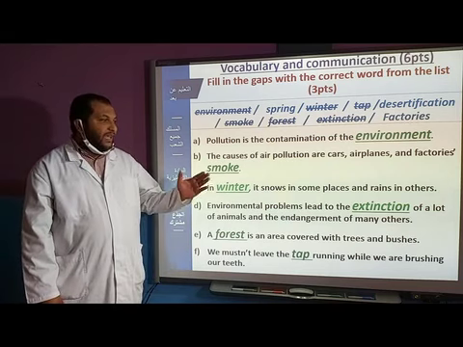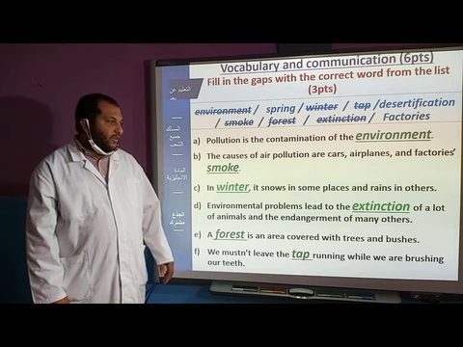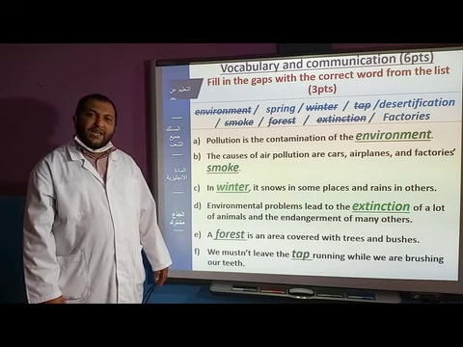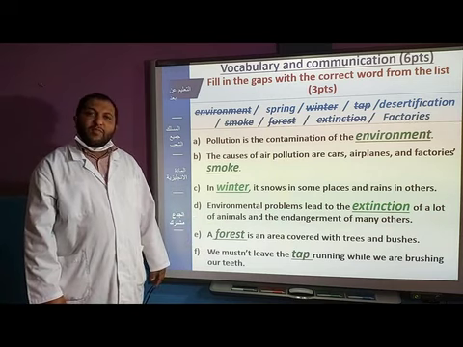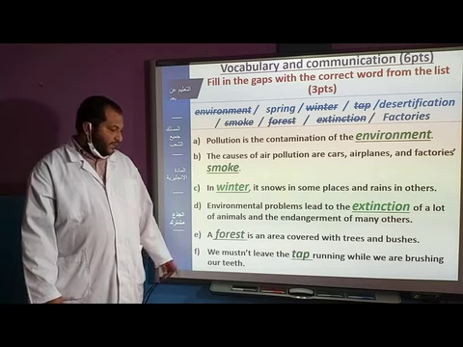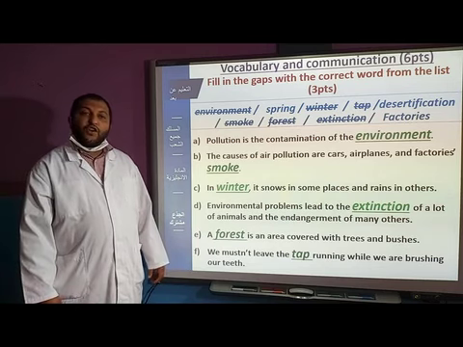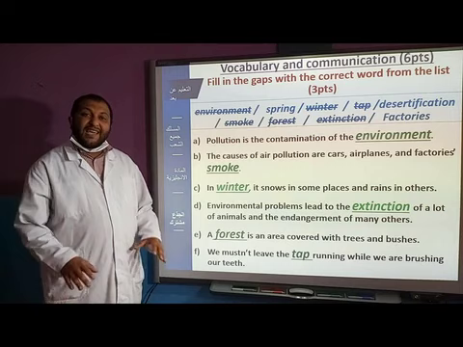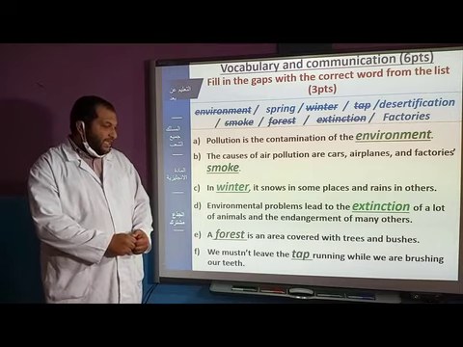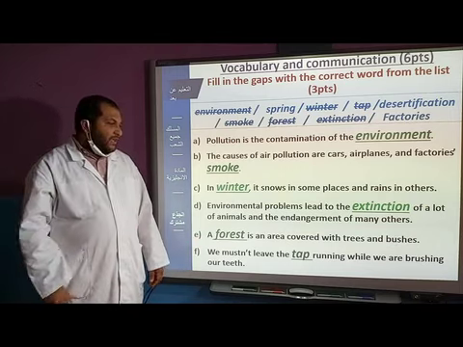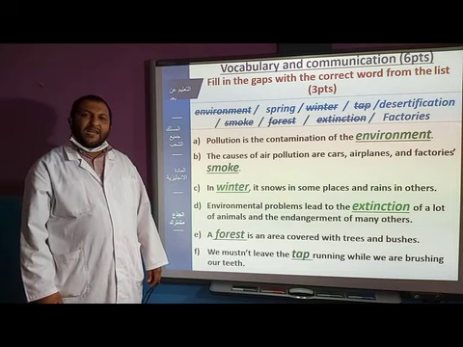Environmental problems lead to the extinction of a lot of animals and endangerment of many others. Then, a forest is an area, a place covered with trees and bushes.